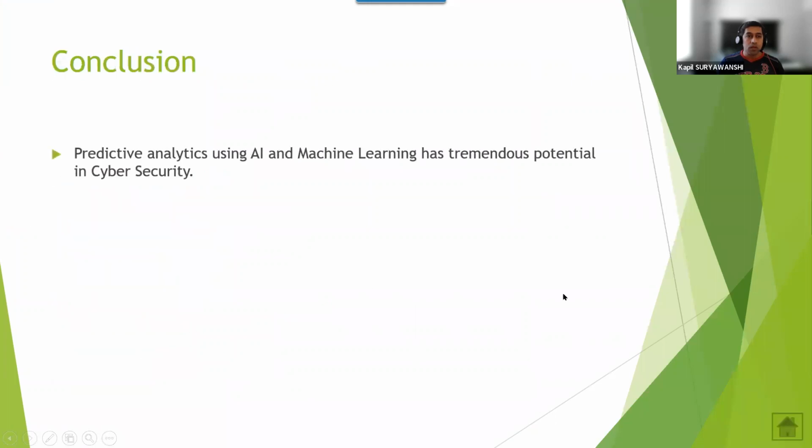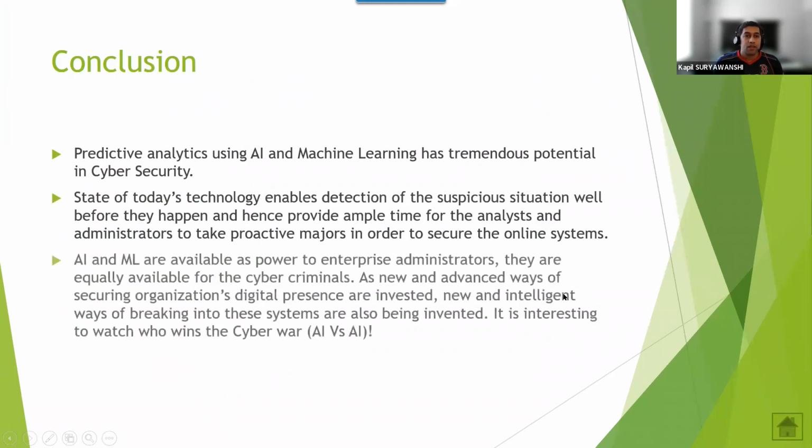So we are concluding it now. Predictive analytics using artificial intelligence and machine learning has tremendous power because it learns by itself. So it is only the limitation of our imagination in what situations this can be employed. Phishing URL is one thing. We also saw many other use cases of cybersecurity challenges, right?